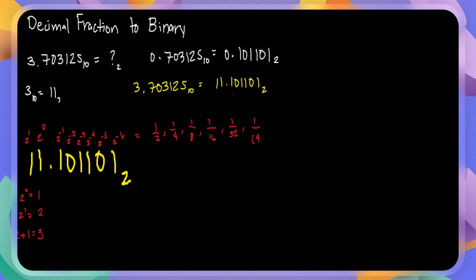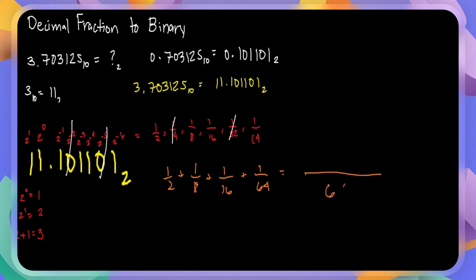And similarly, we can just ignore the 0 parts here and then add these up instead. So we're ignoring this and we're ignoring this. So that's going to be 1/2 plus 1/8 plus 1/16 plus 1/64. And then we can just write that as all over 64.